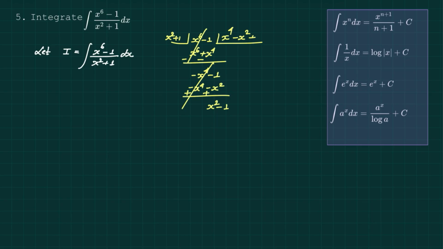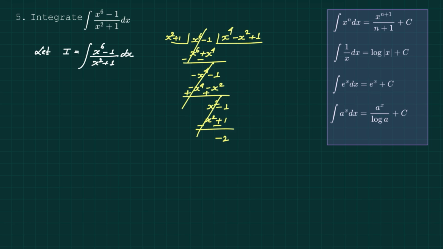Now x squared plus 1 will be x squared, and plus 1 into 1 is 1. So changing the sign, here I'll have remainder minus 1 and minus 1, that is minus 2.